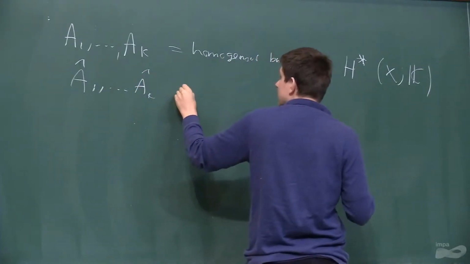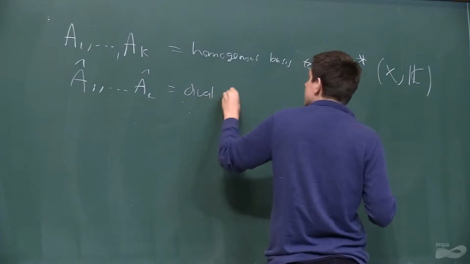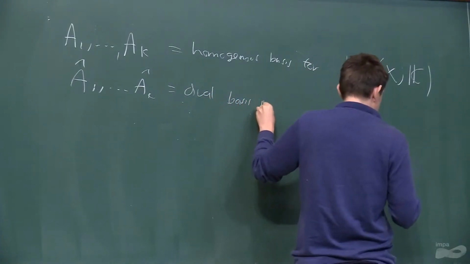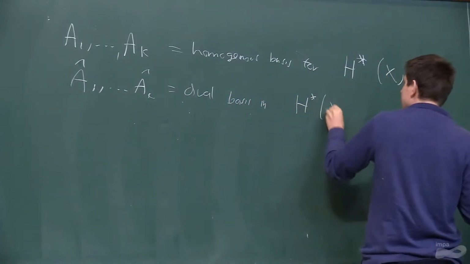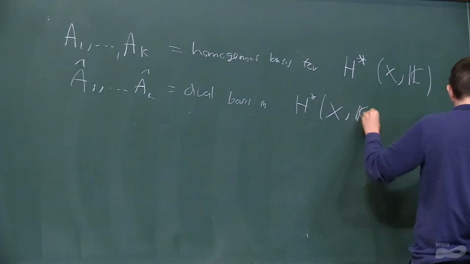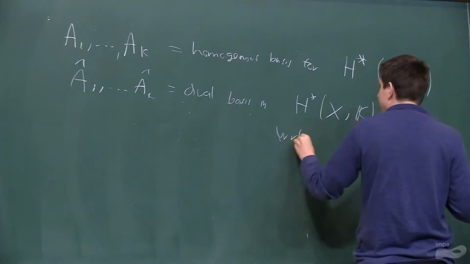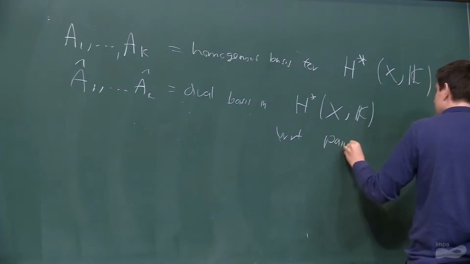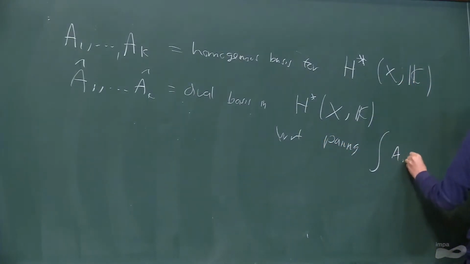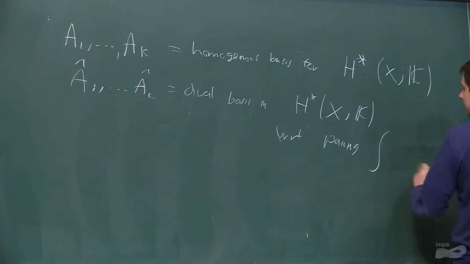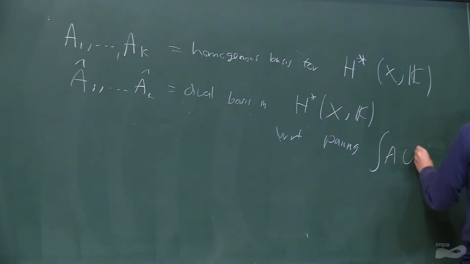So this is the dual basis with respect to the pairing. You have a pairing, and you just take the dual basis with respect to this non-degenerate pairing.